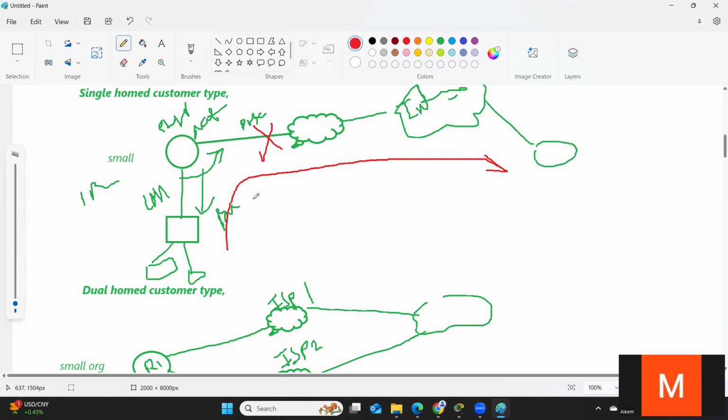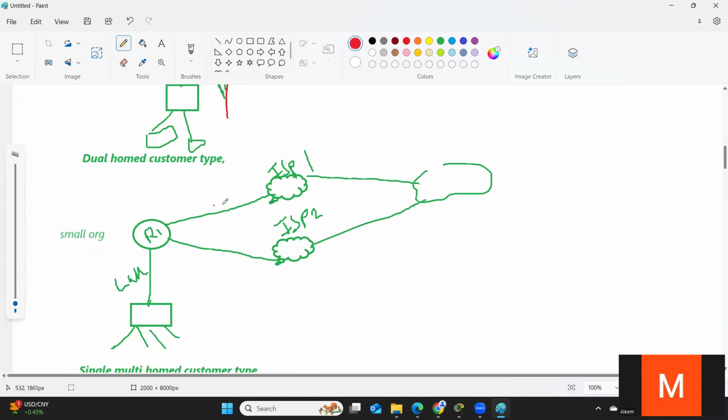That is the reason they use the dual-homed customer type, meaning redundant ISPs. If one ISP goes down, they have a redundant path. Here they are using a 1 gig link and here a 100 Mbps link. So if one link goes down, we have another ISP.